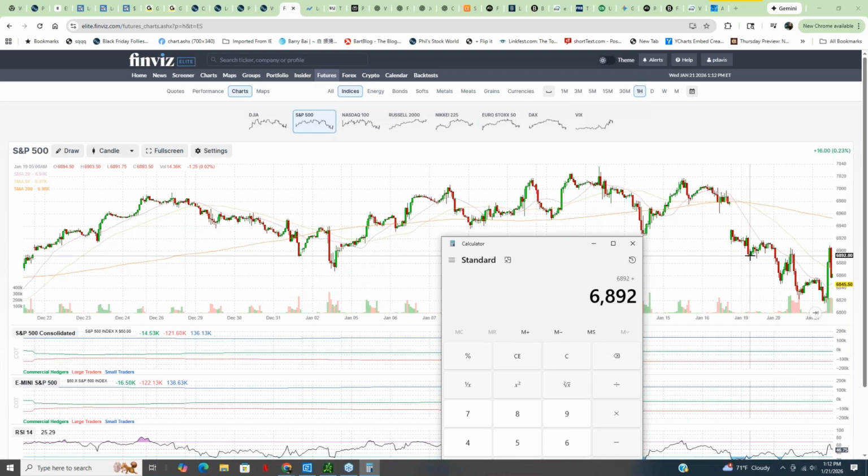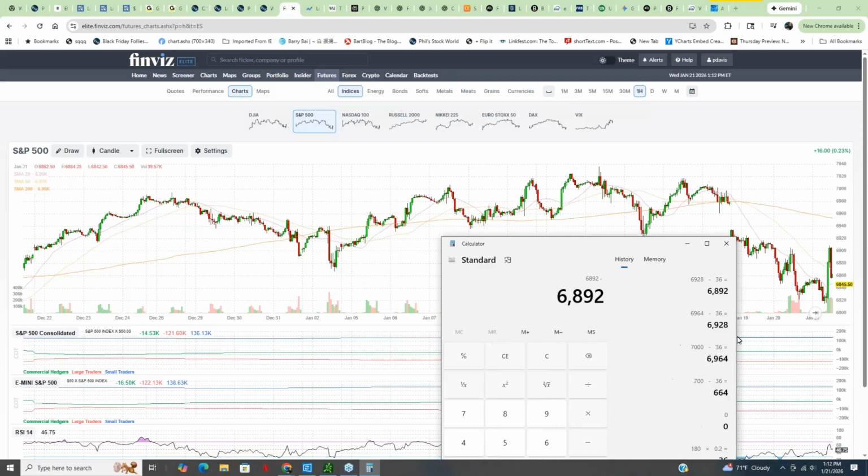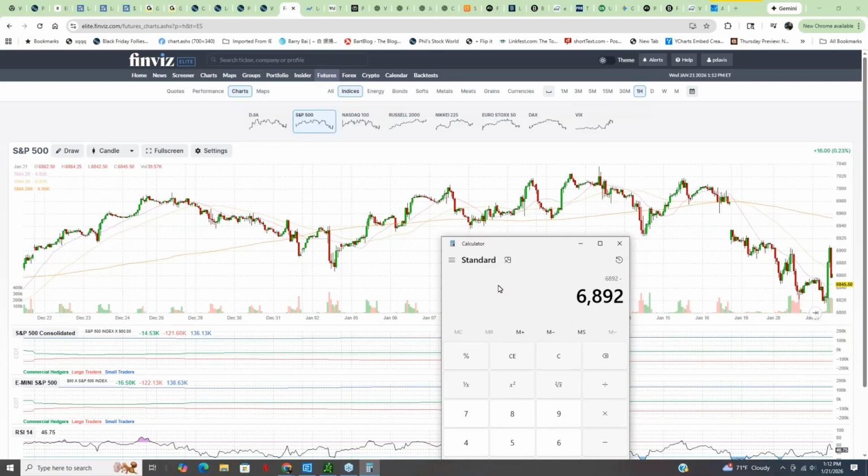All right, so 68.92 would be the strong bounce line, and then minus, is it 32 or 36? Minus 36, minus 36 again is 68.56.